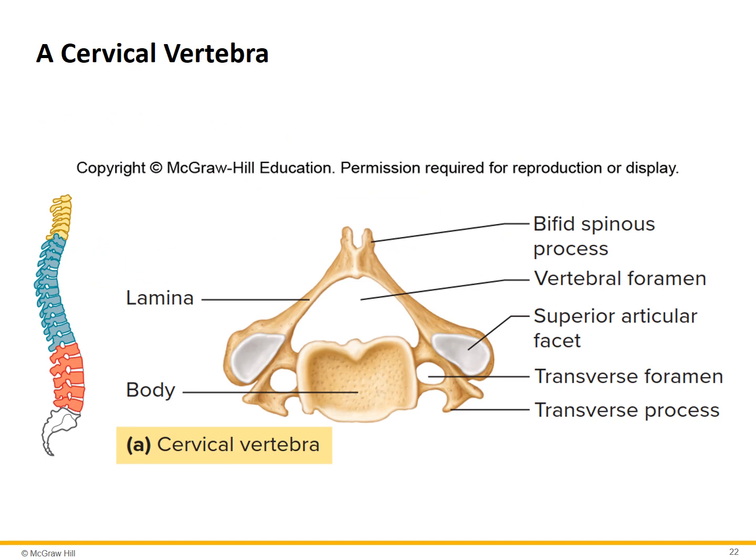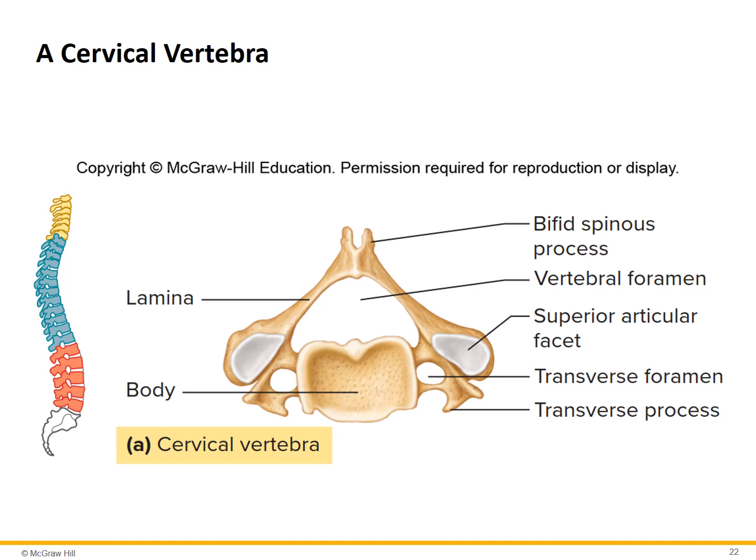This is showing a typical cervical vertebrae, and for the lab practical, you're going to need to be able to identify whether a vertebrae is C1, C2, cervical, thoracic, or lumbar. So what's unique about the cervical vertebrae is that the spinous process, right, the most posterior projection, is split or bifid. Now this is not readily apparent in all vertebrae, but it is a characteristic.